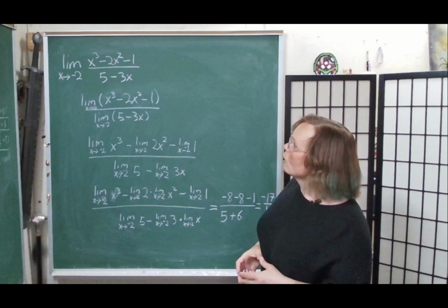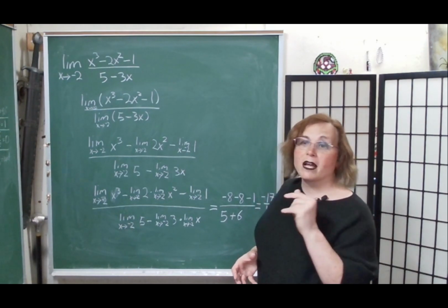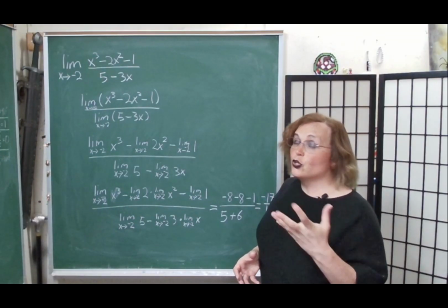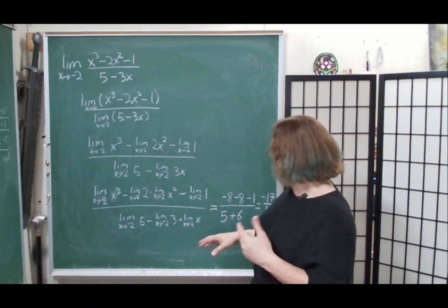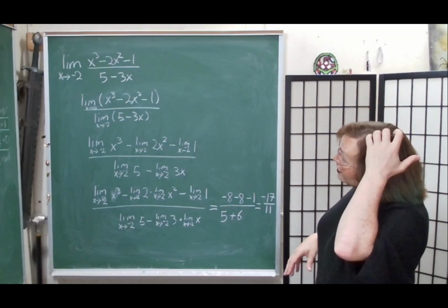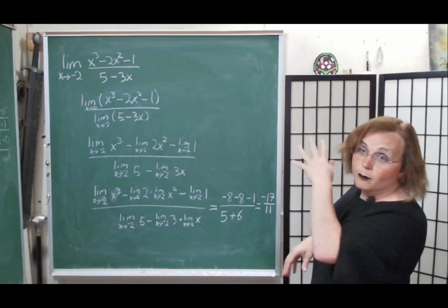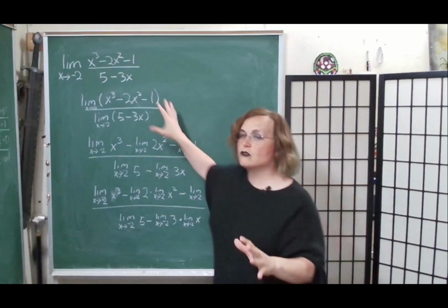If we look at the limit of 5 minus 3x as x approaches -2, it shouldn't be 0 because if we plug -2 in, we get 11. But we can do a quick look at that and see, yeah, that shouldn't be 0 because 5 minus a whole number won't be 0. So we should be good. Okay, so we know that we're fine to go ahead and try it.